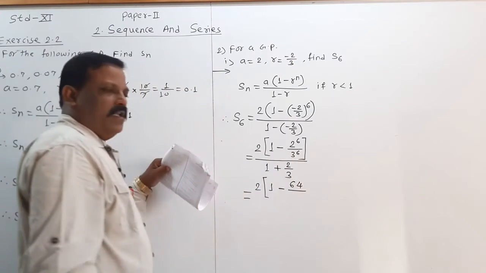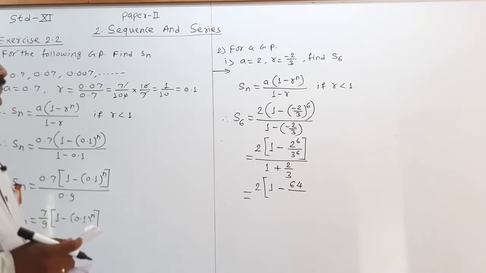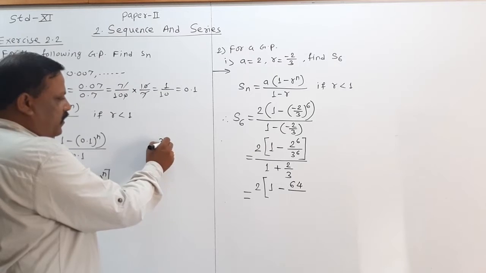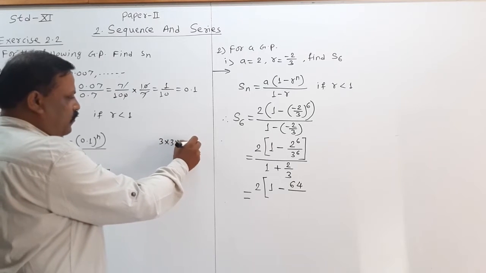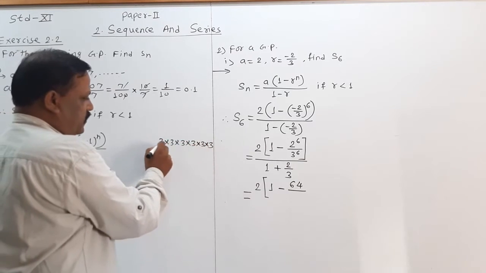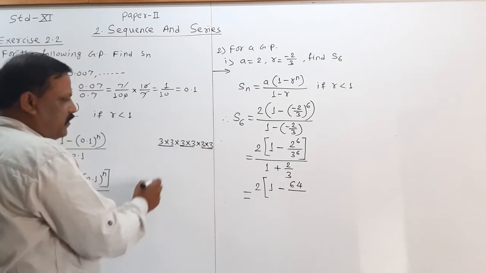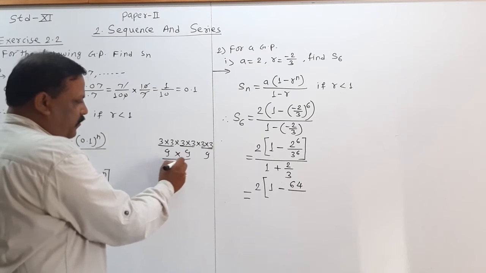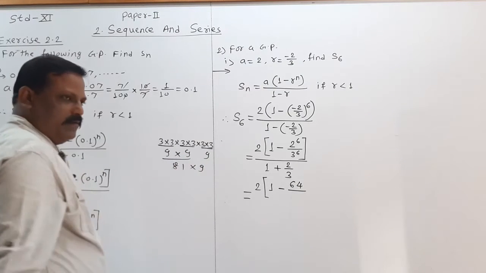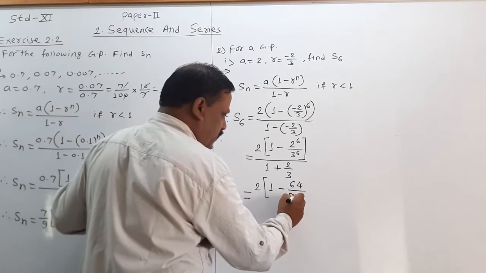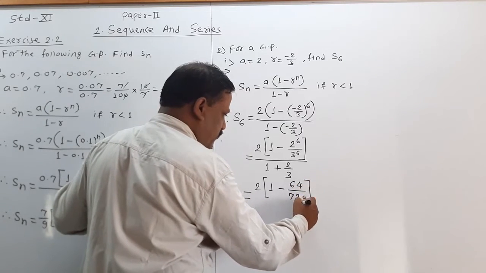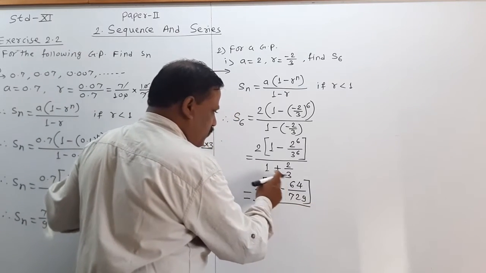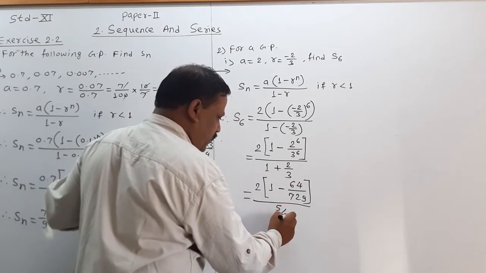Calculation of this 3 raised to 6: 3 multiplied by 3 into 3 into 3 into 3, 6 times. 9, 9, 9. Multiplication 81 multiplied by 9, so we get 729, upon the denominator 3 plus 2, 5 upon 3.